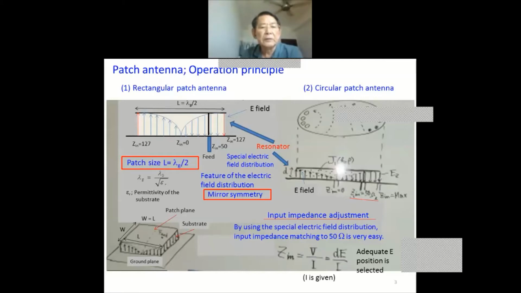Here, epsilon r is the permittivity of the substrate. So in the case of permittivity 4, this is root 4, so the wavelength in the substrate becomes half of the free space wavelength.